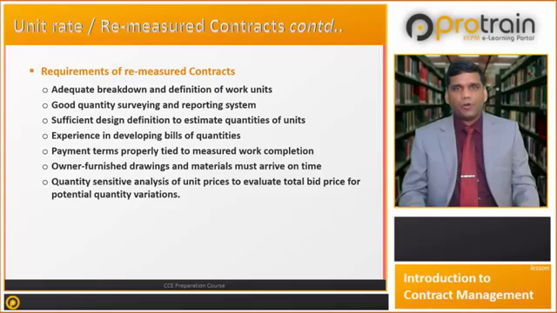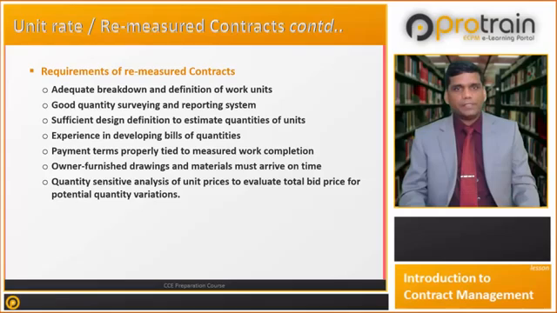In remeasured contracts, adequate breakdown of definition of work unit is mandatory. Good quantity surveying and reporting system is required. It should provide sufficient design definition to estimate quantities of unit.